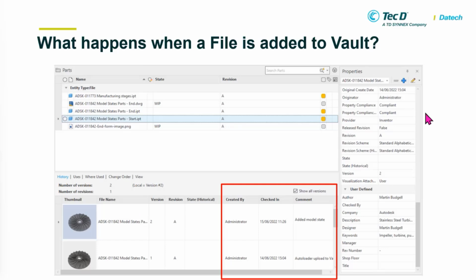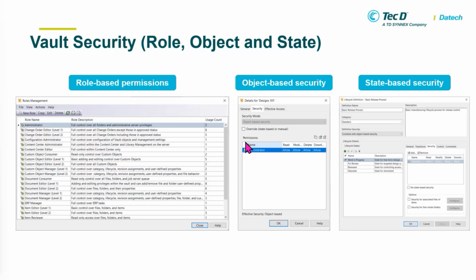All the information about the file you can see on the right-hand side in the Vault interface. You can see the originator, the author, checked by, company. This is pretty standard information that usually comes with CAD drawings or CAD files.